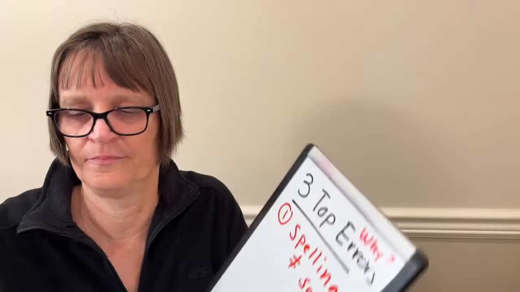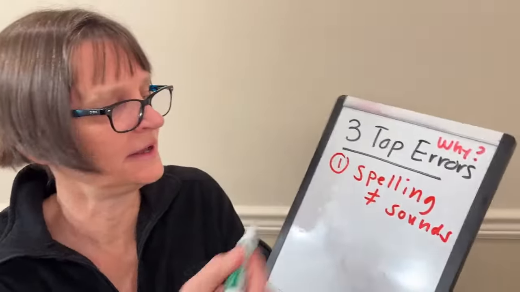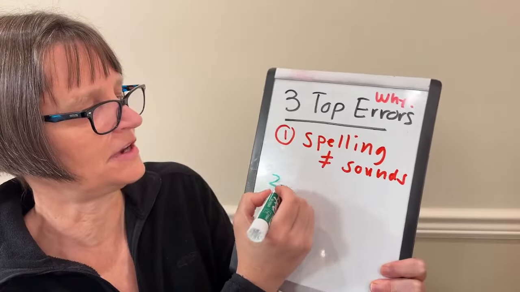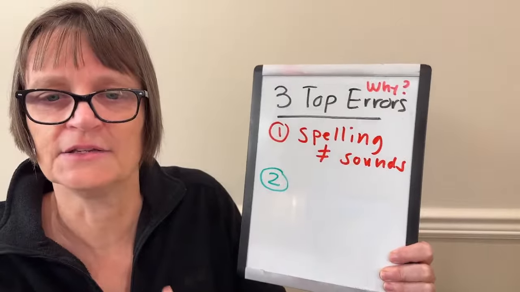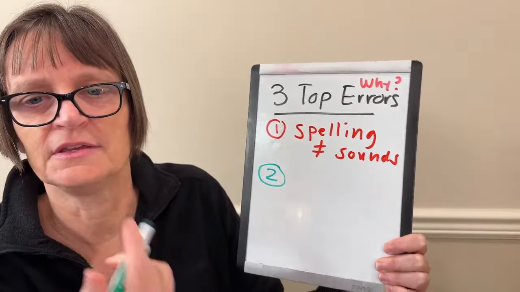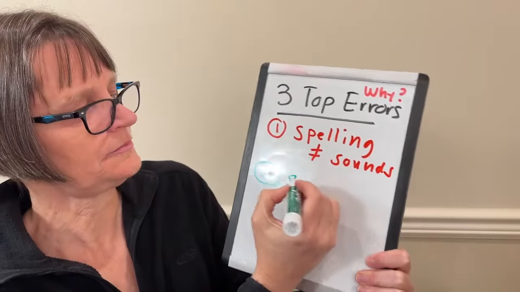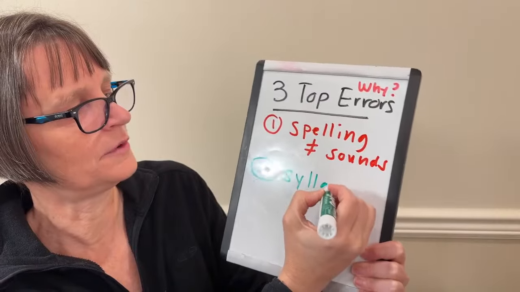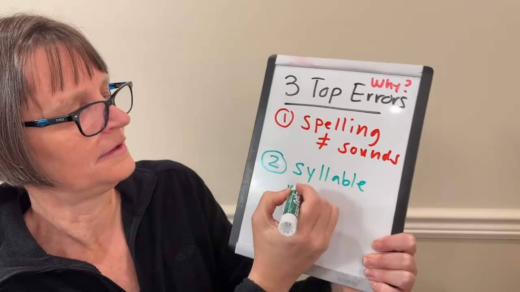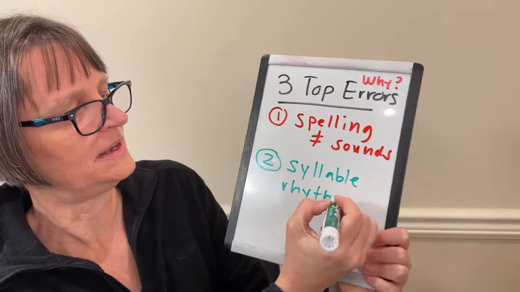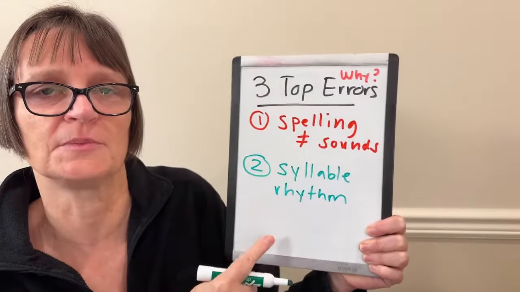I also today want to talk about number 2, the second most common error that you might make as a non-native speaker, and that is looking at the syllables. So the rhythm of the word. You might be doing one of two things when it comes to syllables.